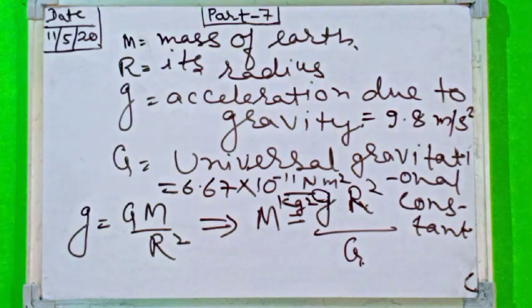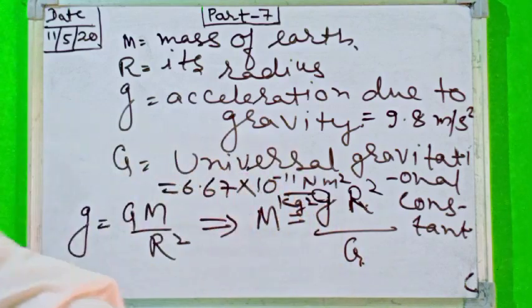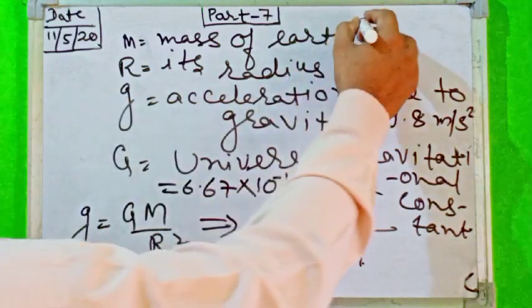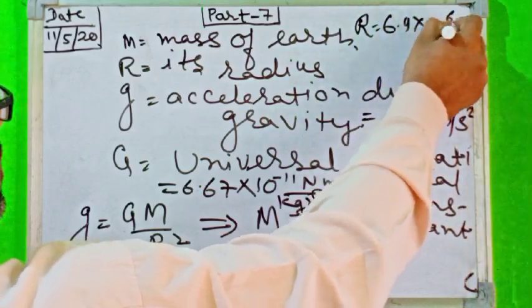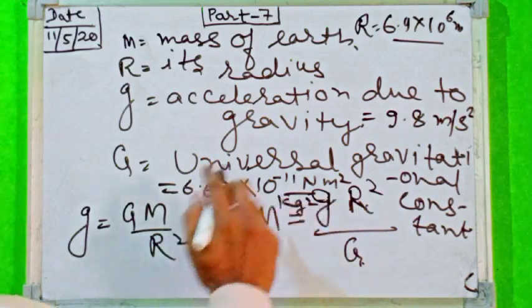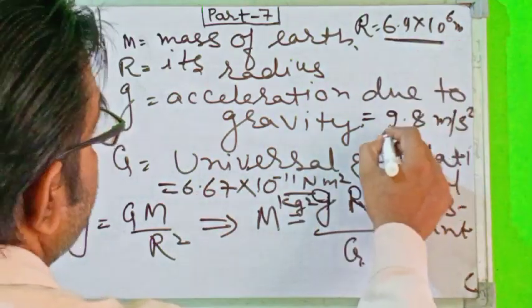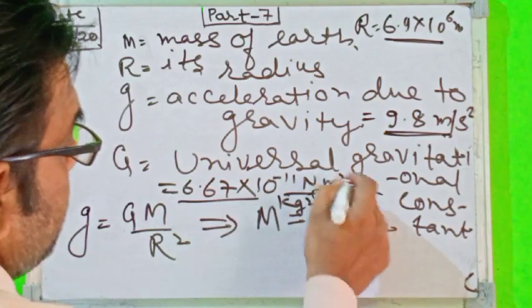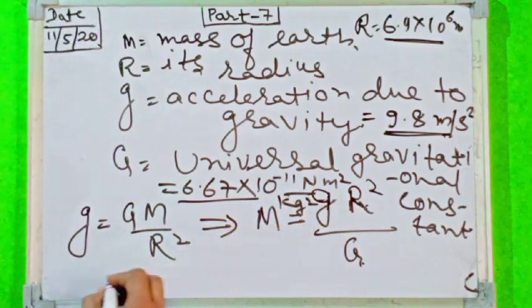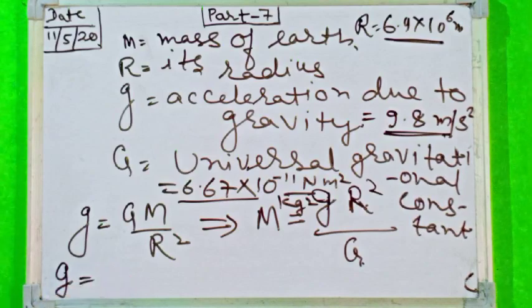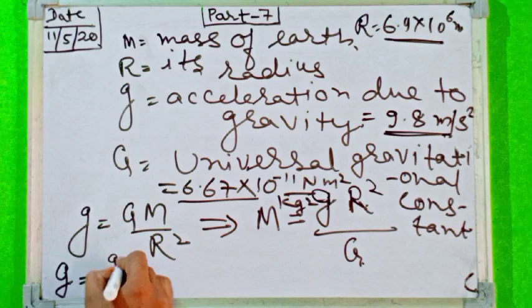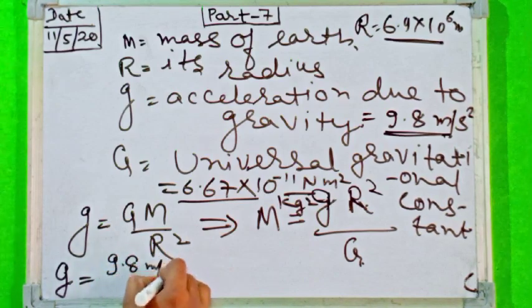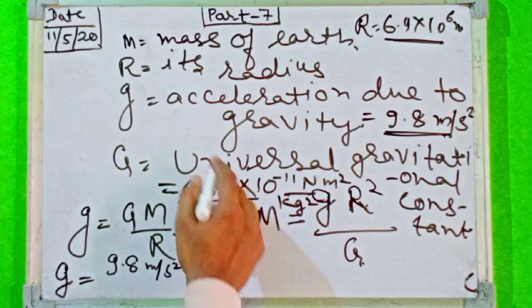And the value of R is 6.4 into 10 to the power 6 meter. Putting these values of small g and R in this equation, we get 9.8 meter per second square into R square.